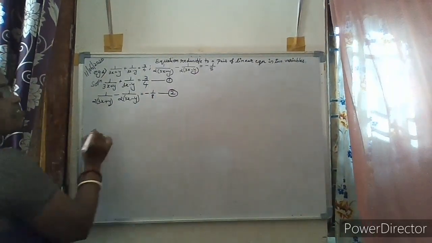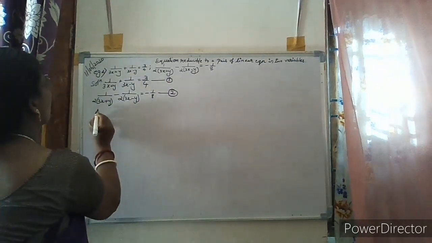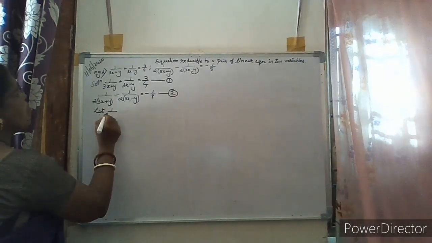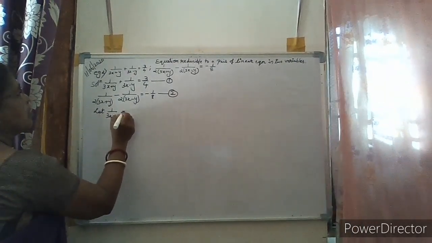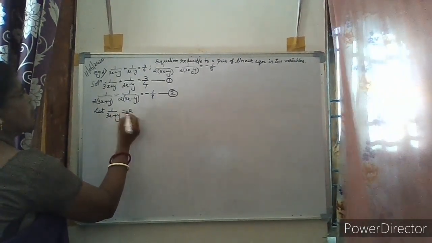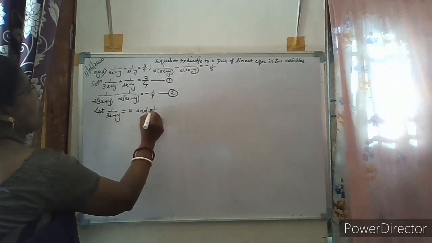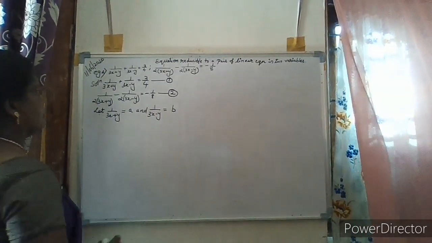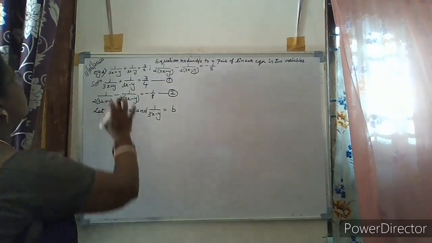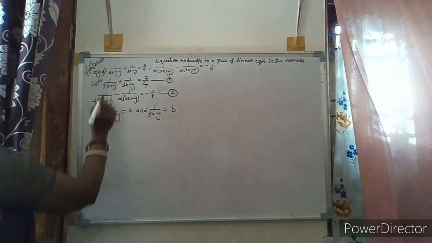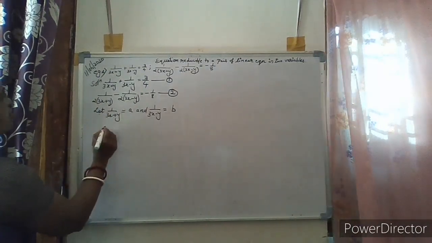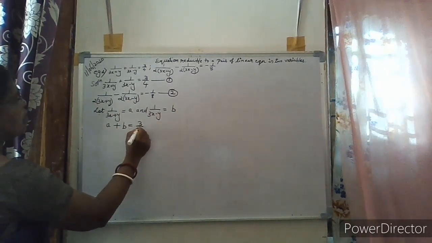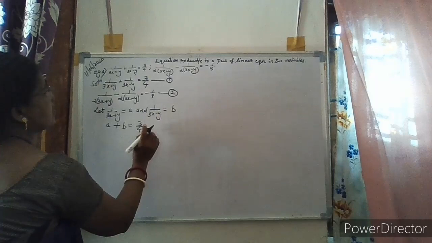So in the same manner as we have done for the first question, let us take 1 by 3x plus y is equal to a and 1 by 3x minus y is equal to b. So when we substitute this in the equation 1, this whole thing is equal to a. It is a plus b is equal to 3 by 4.